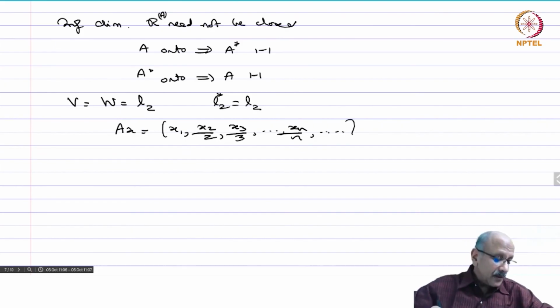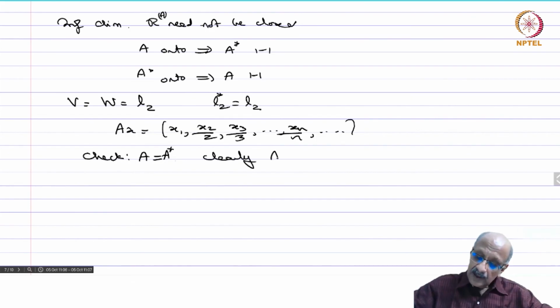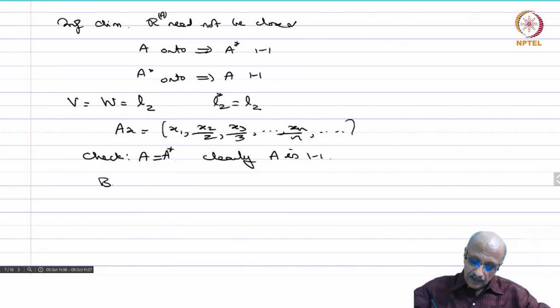Then you can check A equals A star. So clearly A is 1 1, but A is not onto.